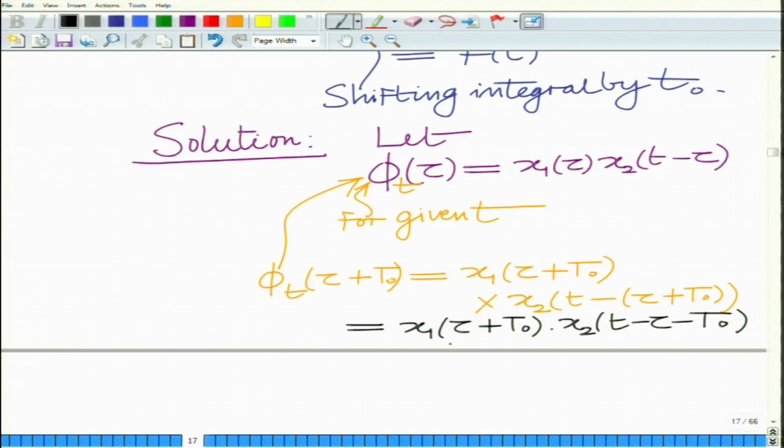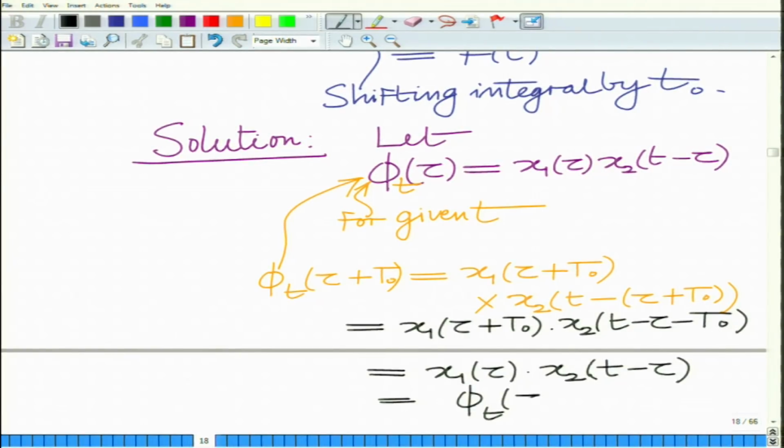Now, look at this x1 of tau plus T naught, that is shifting by a period, this is equal to x1 tau. And x2 of t minus tau minus T naught is again equal to x2 of t minus tau, which means this is equal to phi t of tau.